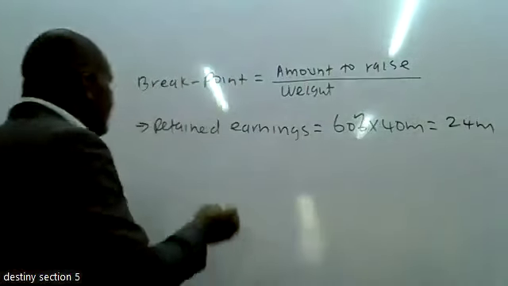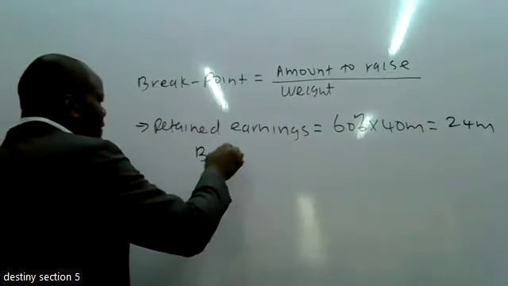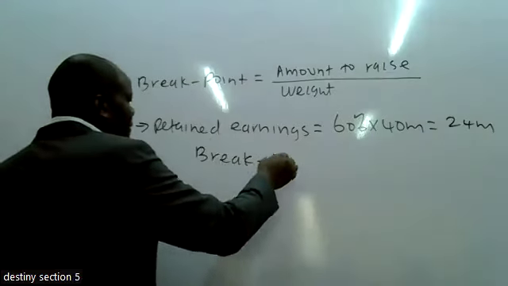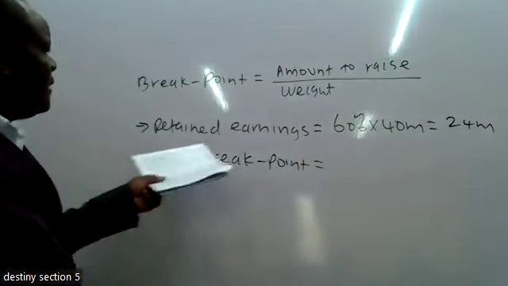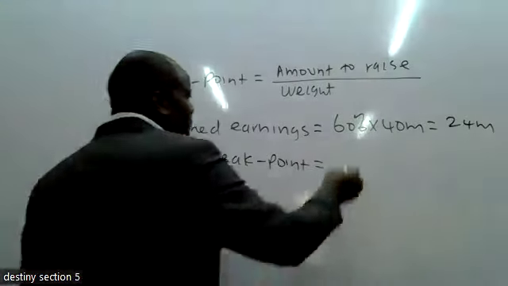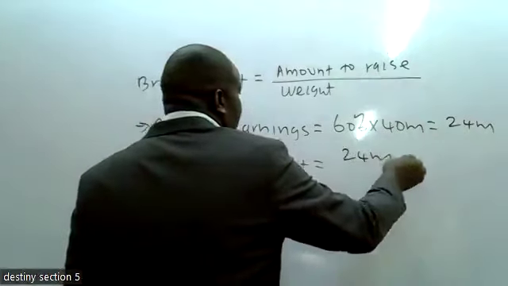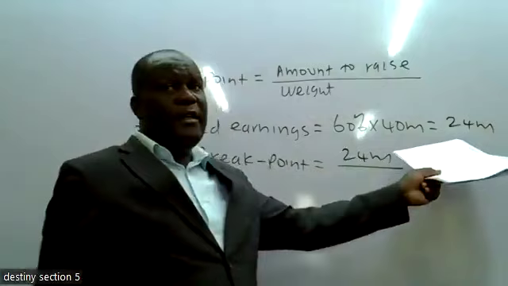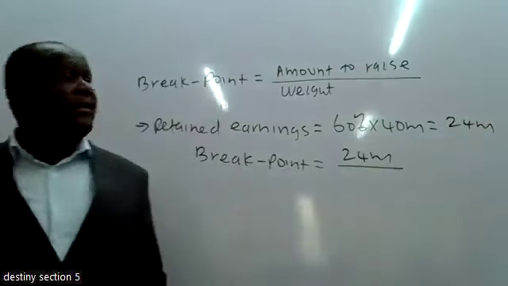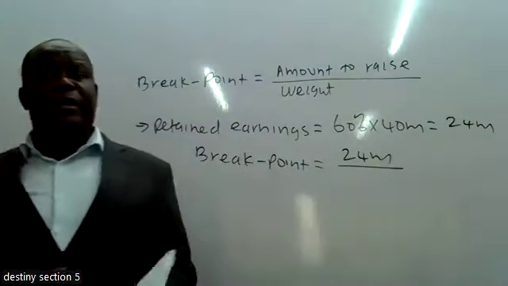So we get the breakpoint for this figure. The amount to raise from the retained earnings is 24 million. So I have to divide by the weight.